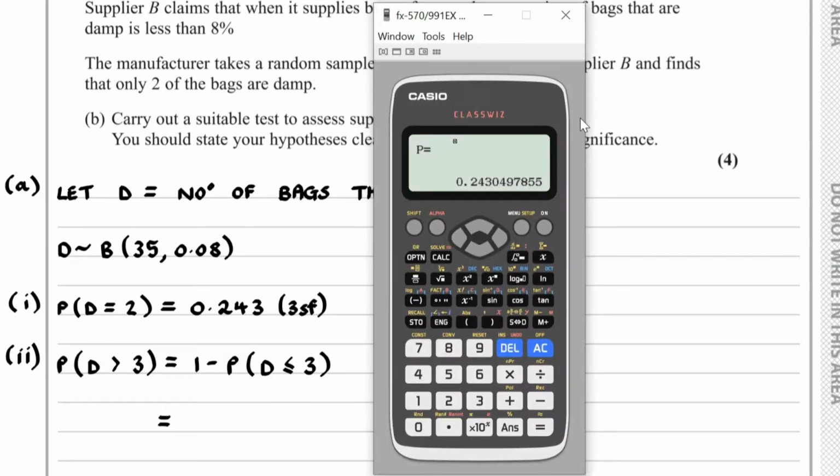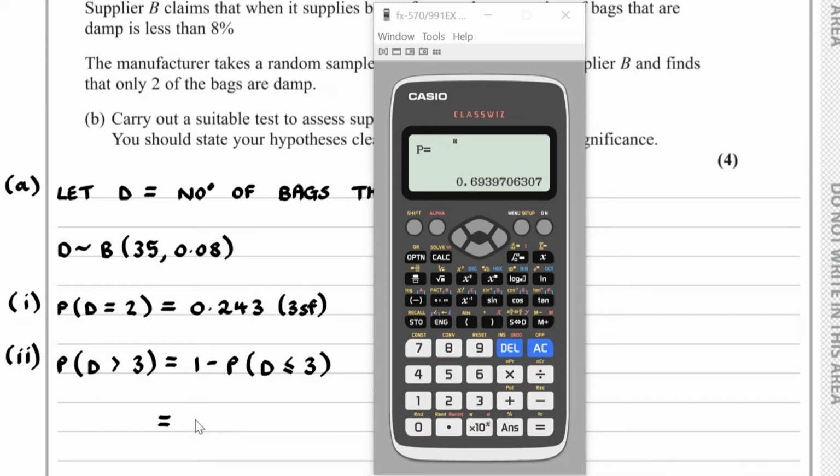So, from our calculator, if we go to the distribution submenu, then select binomial CD, number 2 for variable, x this time is 3, n is 35 and p is 0.08.